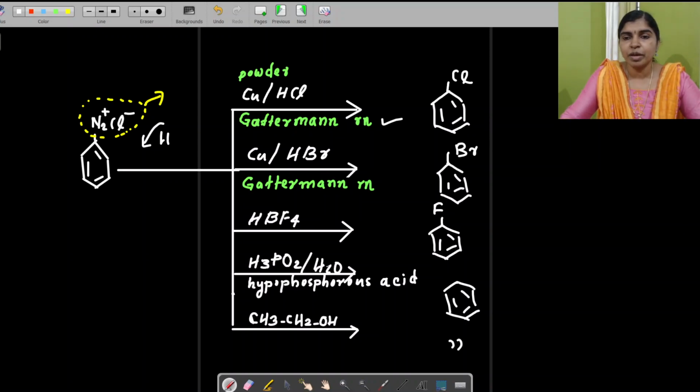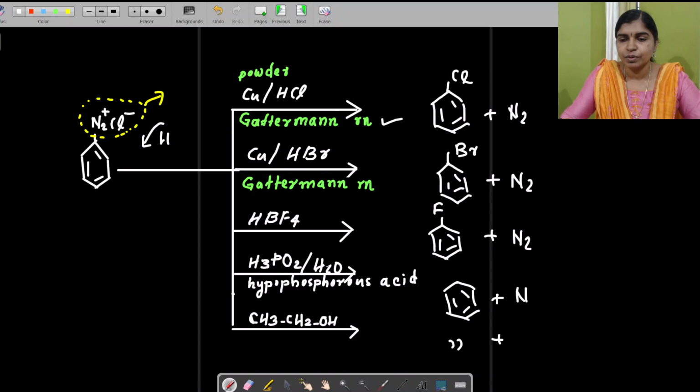As said earlier, with all of these the byproduct is nitrogen. It is N2 here, N2, N2, N2, and here N2. Along with this, cuprous chloride also forms, because copper and chlorine are replaced from the diazonium chloride group. So one product is cuprous chloride. Here also cuprous chloride. Here it forms BF3, boron trifluoride, as the byproduct.